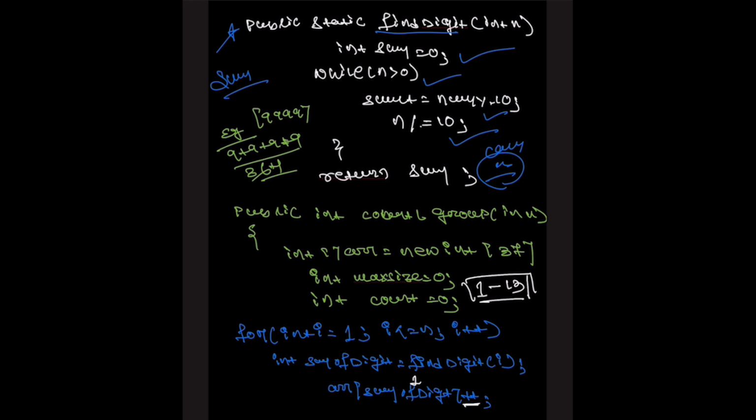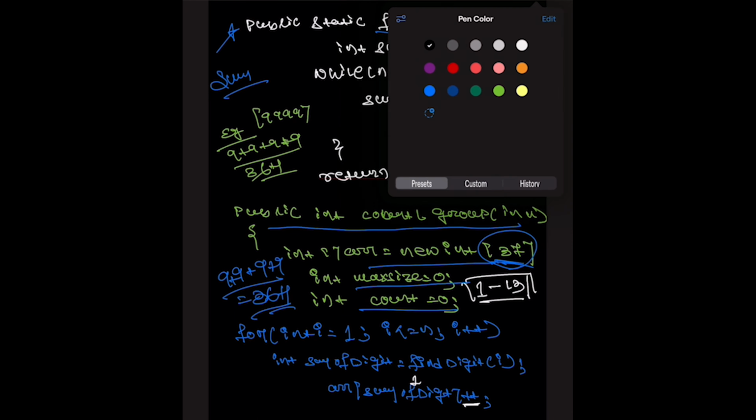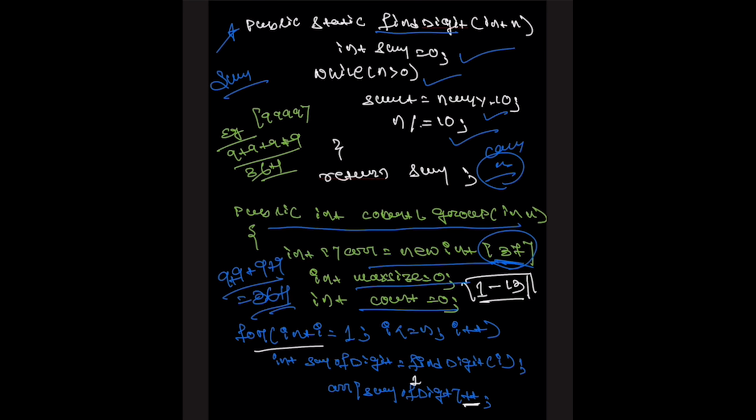Then we write another method here, public int longest group. Then we create a new int array of size 37, because the maximum digit sum is 36, so we need 36 plus 1, which is 37. Int max size 0, initialize count equal to 0. Then we start a loop from i equal to 1 to n.